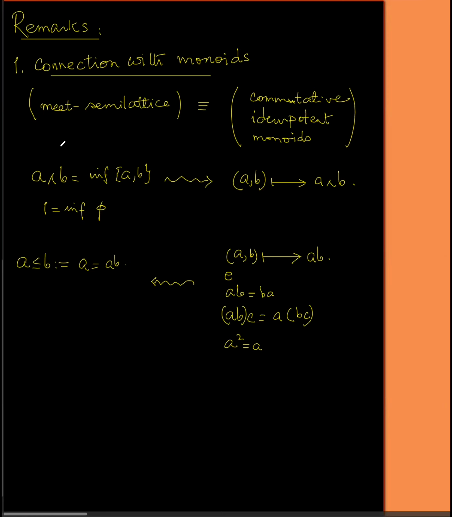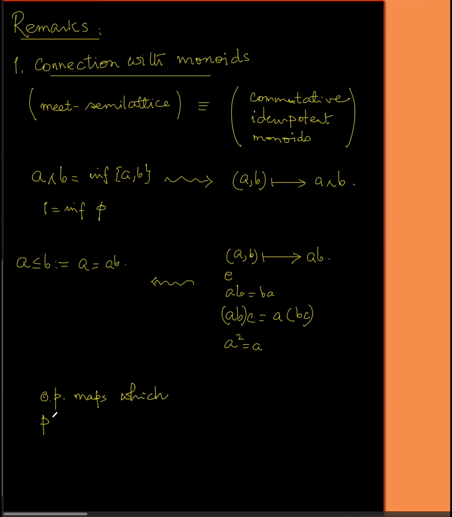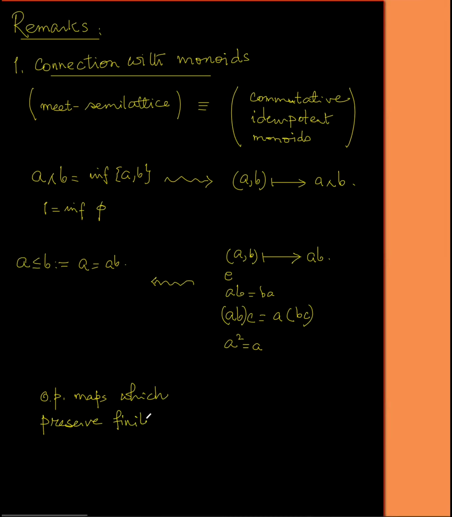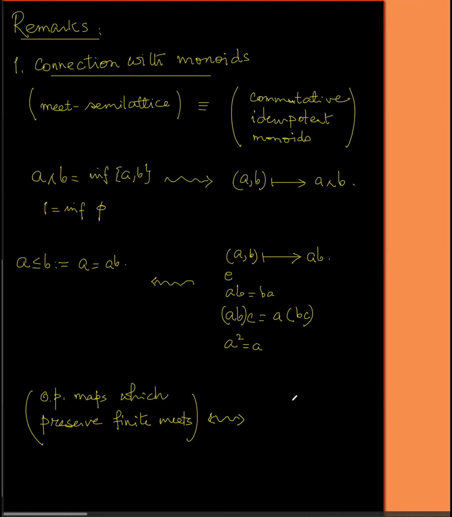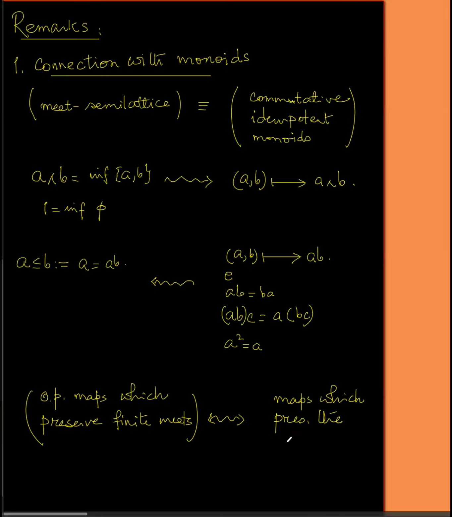And therefore you can see that order preserving maps which preserve these finite meets correspond to just maps which preserve the binary operation.